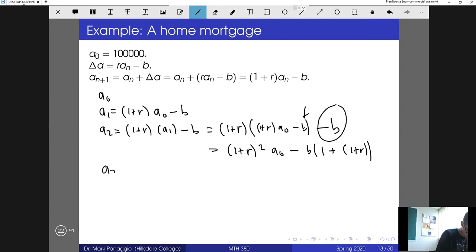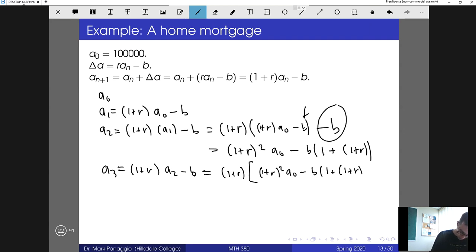And let's continue on, see if we can find the pattern. A3 is going to be (1 plus r) times a2 minus b. And again, we have a formula for a2, so let's plug that in. That is (1 plus r) times everything that's above, (1 plus r) squared a0 minus b times (1 plus (1 plus r)), and then we have minus b.